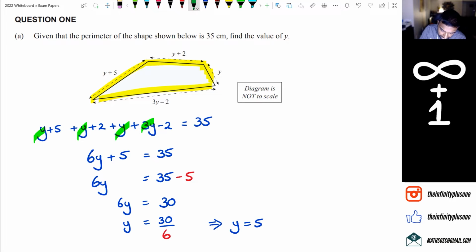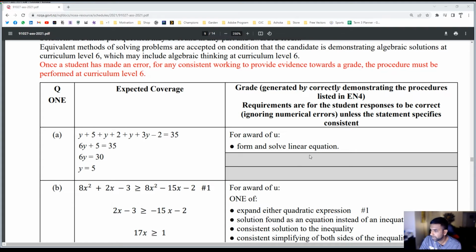Now this question is worth an achieved, I believe. Let me just double check. Yes, it is worth an achieved. And I just want to show you guys the answer schedule real quickly. Yep, there we go. For an achieved, you've actually got to form and solve the linear equation. So you've got to write some sort of linear equation.